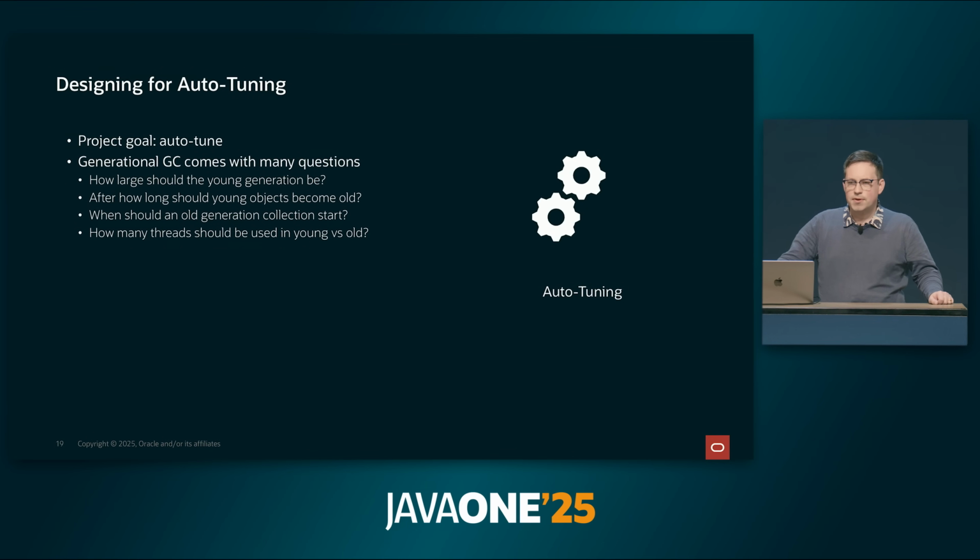Another aspect with the third goal, I mentioned auto-tuning. Sometimes there's a bunch of parameters where if you can find really good numbers, you can improve the GC performance and the performance of your system. Especially with a generational collector, it's even more the case that there's some really tricky things that are hard to figure out. One such thing is how large should the young generation be, and how long should objects stay around in the young generation before they get promoted to the old generation.